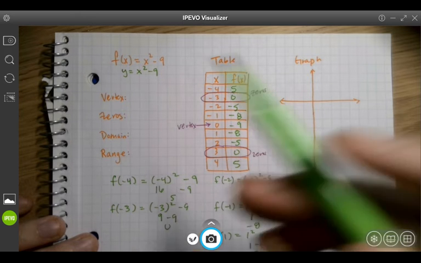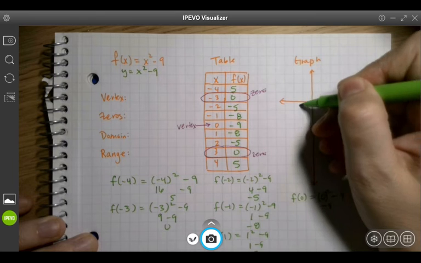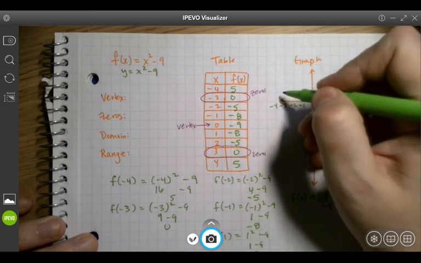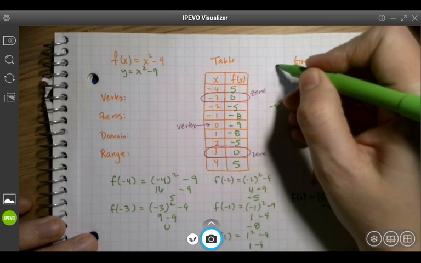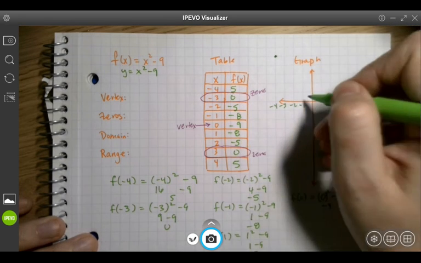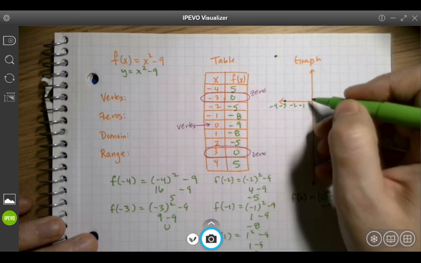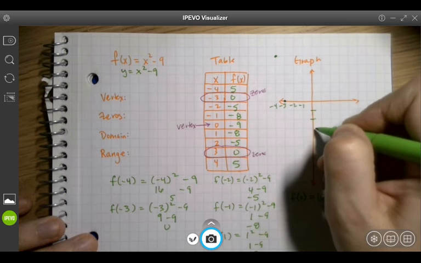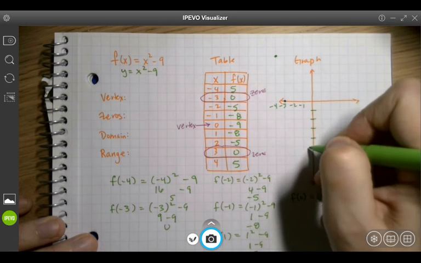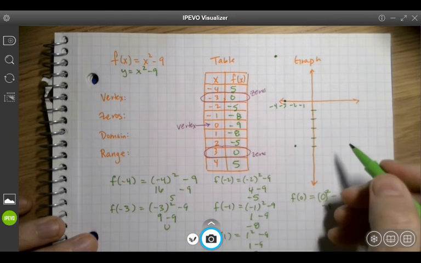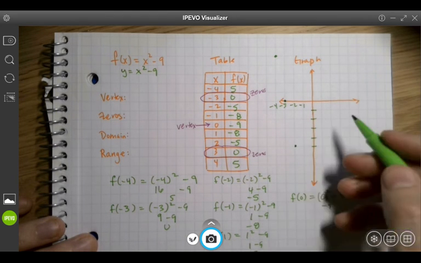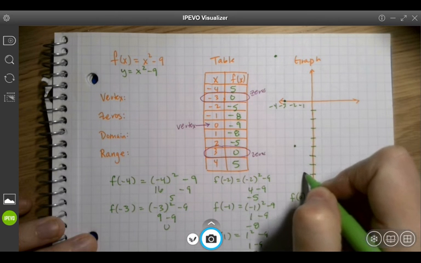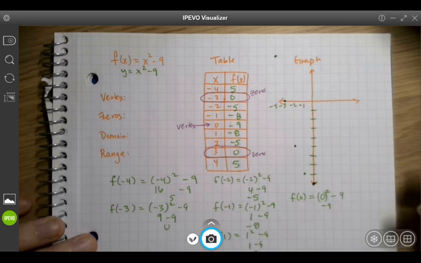Okay, so looking at the graph. -4 is at 5. And then -3 is at 0. And then -2 is at -5. -1 is at -8, and then 0 is at -9. I should have made my graph a little bigger.